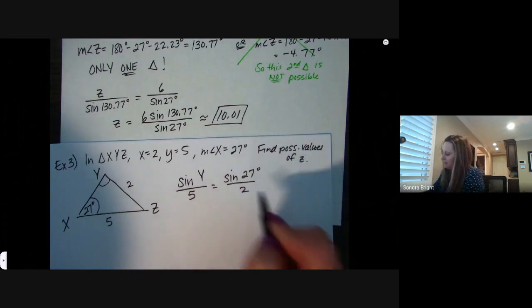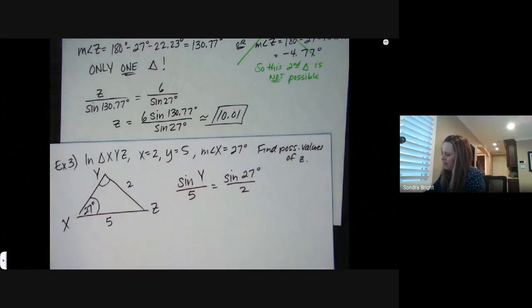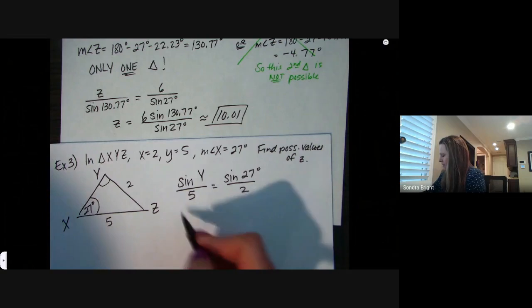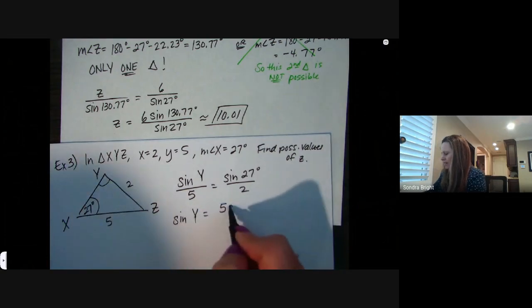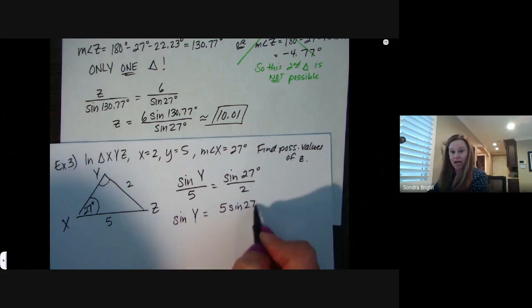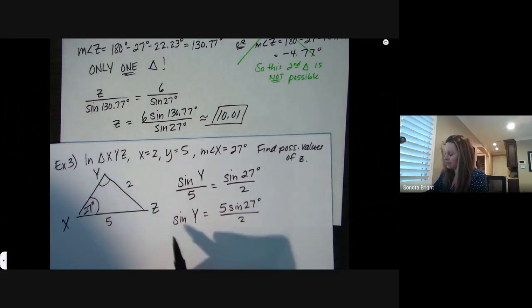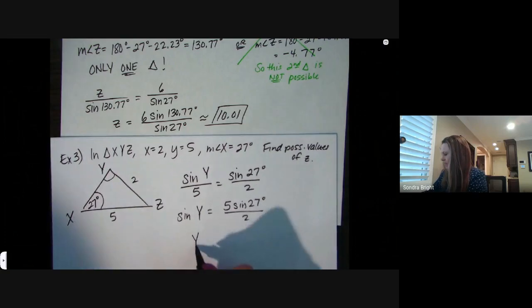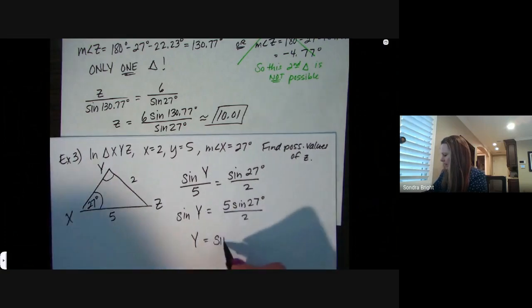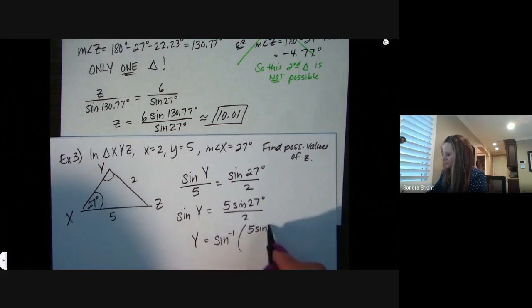Then multiplying both sides by 5, sine of y is 5 times sine of 27 degrees divided by 2. Then for angle y, you take the inverse sine of both sides to isolate y, by taking the inverse sine of the right-hand side. It's the measure of the angle.